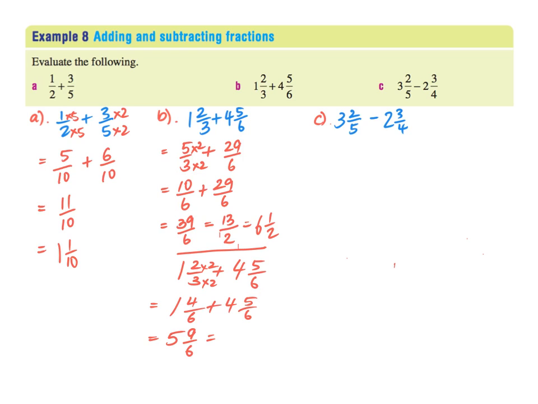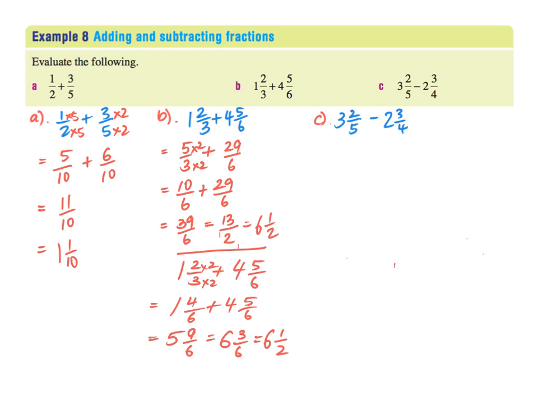So instead of it being 5, there are actually 6 wholes, and how much is left over? 3/6, and that is equal to, if we simplify, 6 and a half. Same answer. Why don't you pause the video to see if you can try part C and then come back and have a look at the solution.